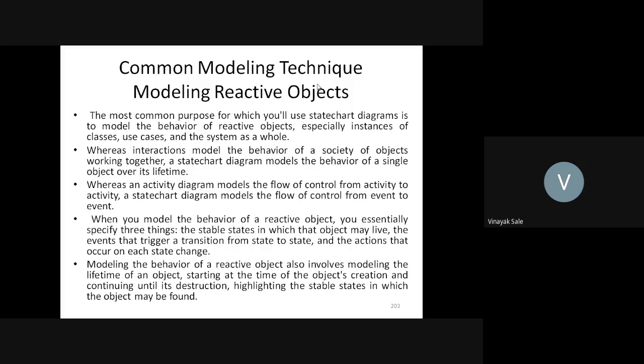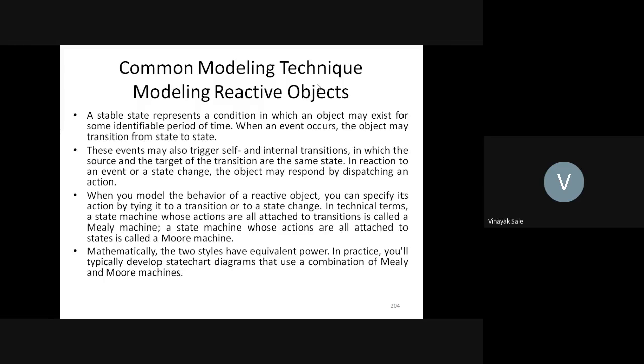Modeling the behavior of a reactive object also involves modeling the lifetime of the object, starting at the time of the object's creation and continuing until its destruction, highlighting the stable states in which the object may be found. A stable state represents a condition in which an object may exist for some identifiable period of time.